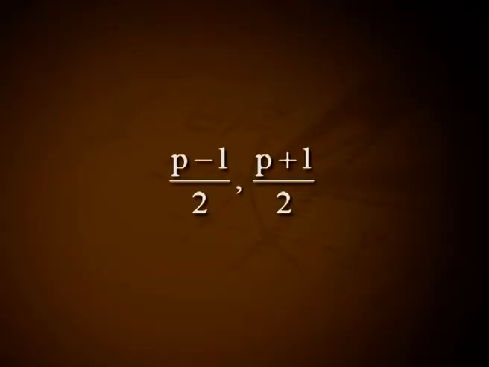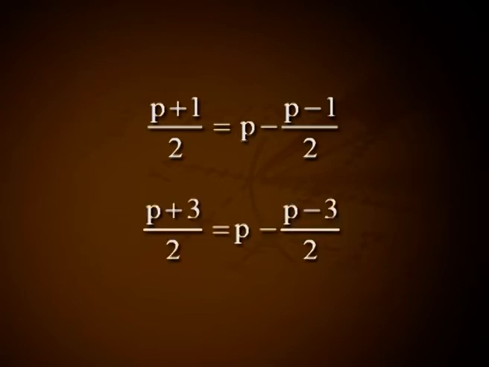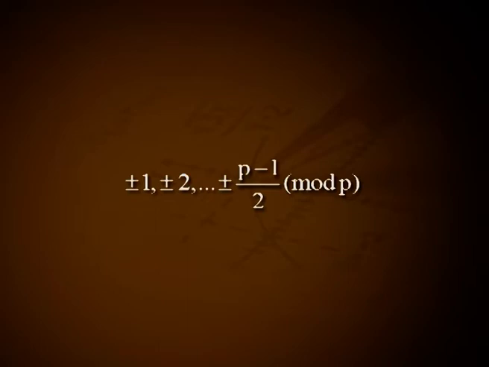3. Since p is an odd prime, (p − 1)/2 and (p + 1)/2 are both integers. Also, (p + 1)/2 ≡ −(p − 1)/2, (p + 3)/2 ≡ −(p − 3)/2, and so on. Hence, any integer a coprime to p is congruent to one of ±1, ±2, etc., ±(p − 1)/2 mod p.